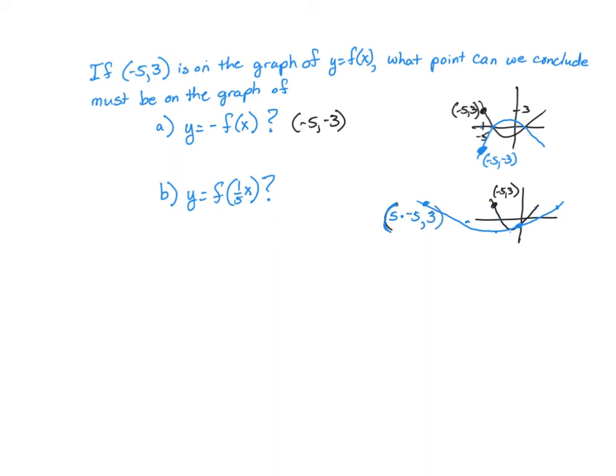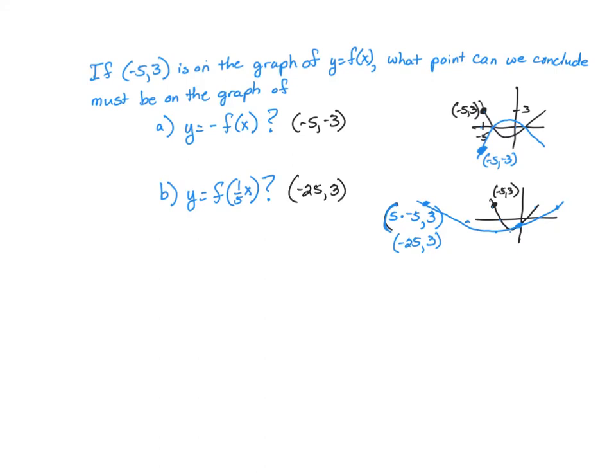My y value is unchanged. It's our x value that's changed, multiplying by the reciprocal of this number. So now I'm at negative 25, 3.